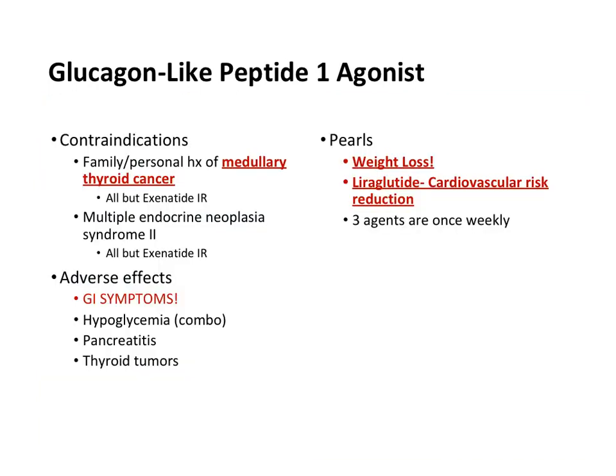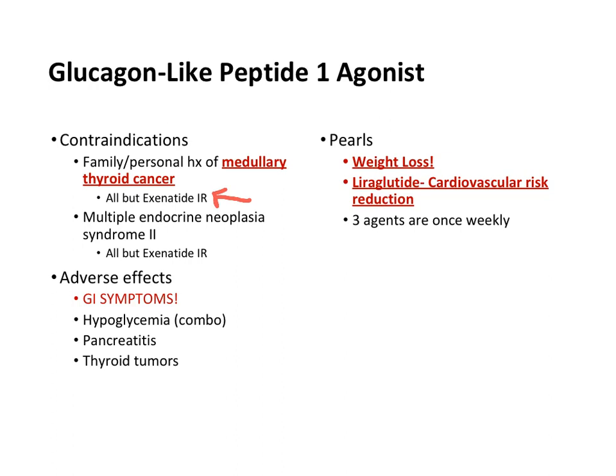The GLP-1s have a lot of weird contraindications and some very rare but odd side effects as well. If a patient has a family or personal history of medullary thyroid cancer, they should not receive any of the GLP-1s, except they can use the exenatide IR, the Byetta. But all of the other ones have this warning about the medullary thyroid cancer.